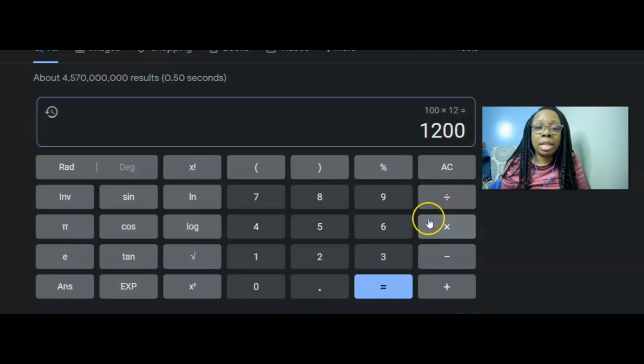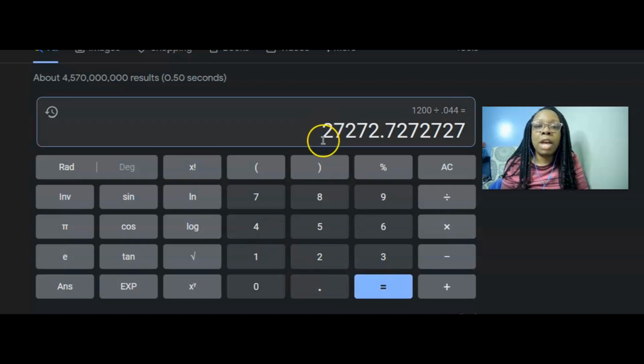So I'm going to come back to the calculator, and I'm going to divide by 0.044, okay? Let's see how much that is. So that means you need to have $27,272.72 invested in Realty Income to get $100 a month or $1,200 a year.